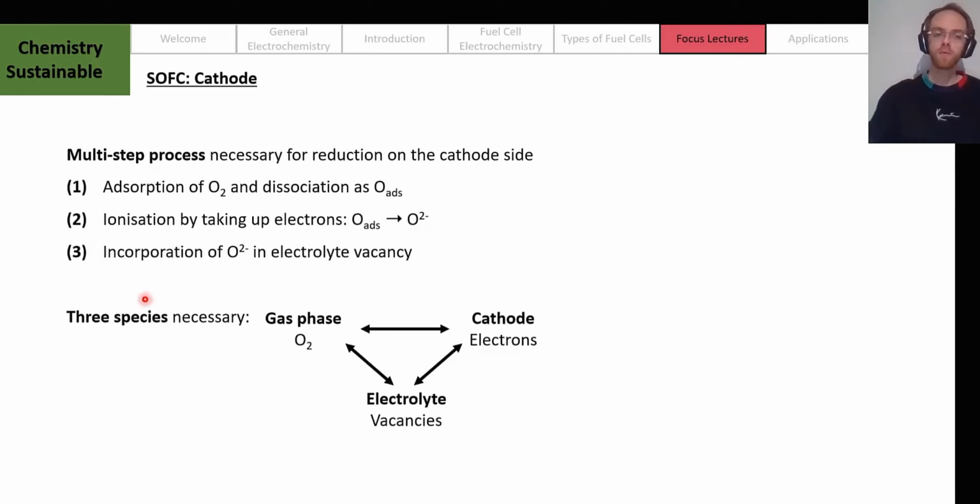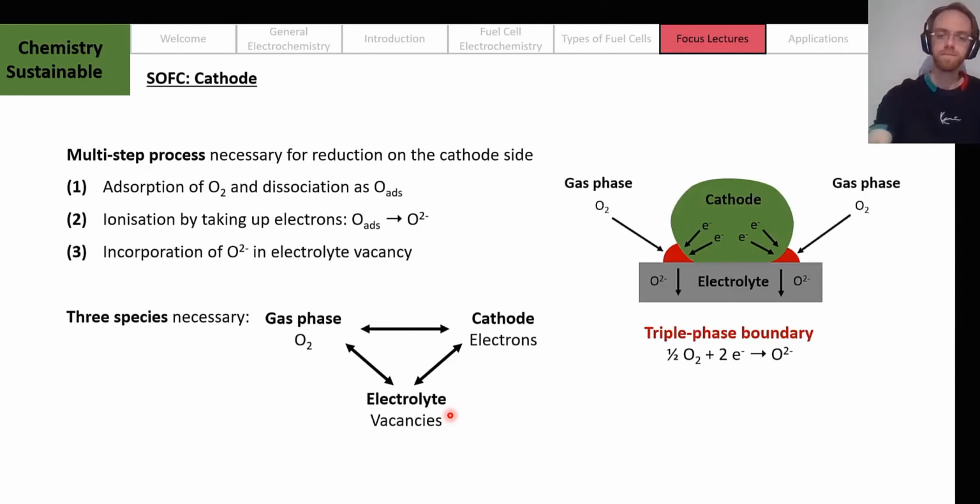So what we need for a reaction is basically 3 species. We need a gas phase oxygen, we need the cathode, which will provide us with electrons, and we need a contact with the electrolyte, which will provide us with vacancies to incorporate the oxide ion. And this is how you can imagine this kind of system.